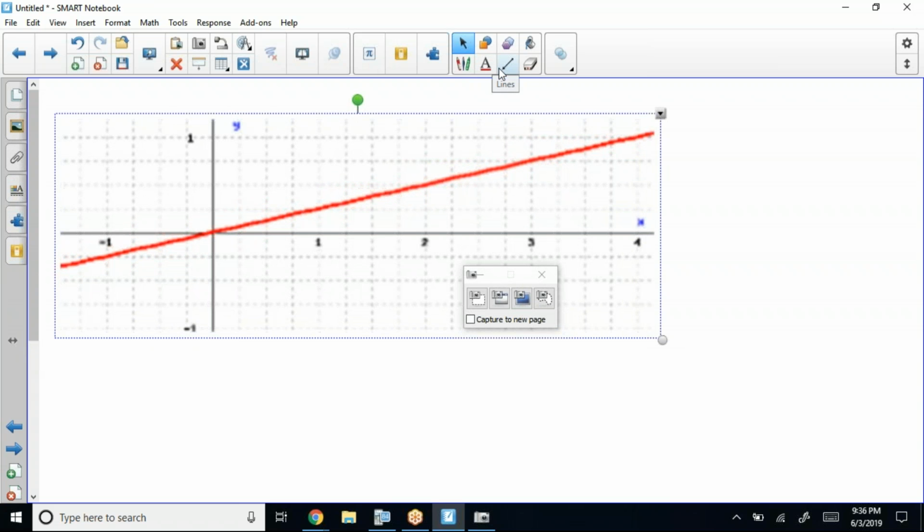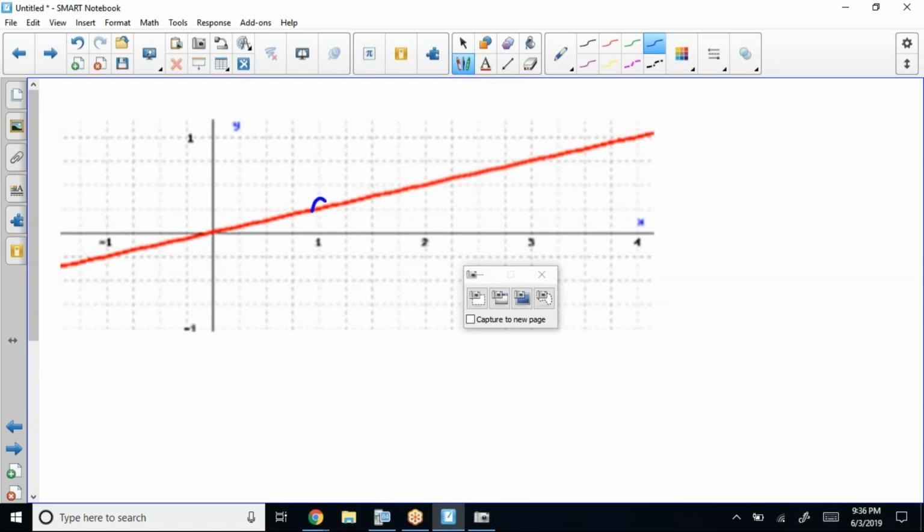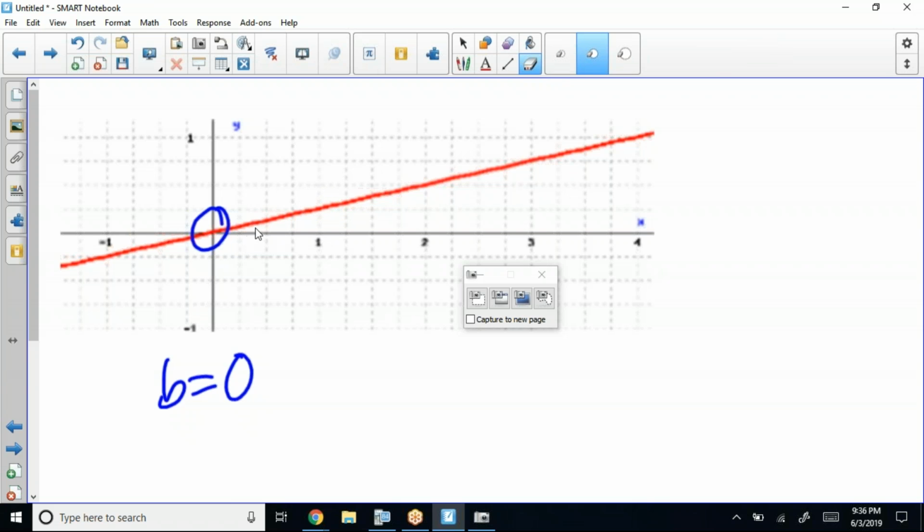So what you want to do is find a perfect grid mark where it's crossing, and you have that. It's crossing perfectly right there. 0, 0? Well, the b would be 0, right? Yes, sir. Now you've got to find another point that crosses at a grid. It doesn't cross here. It doesn't cross perfectly there.